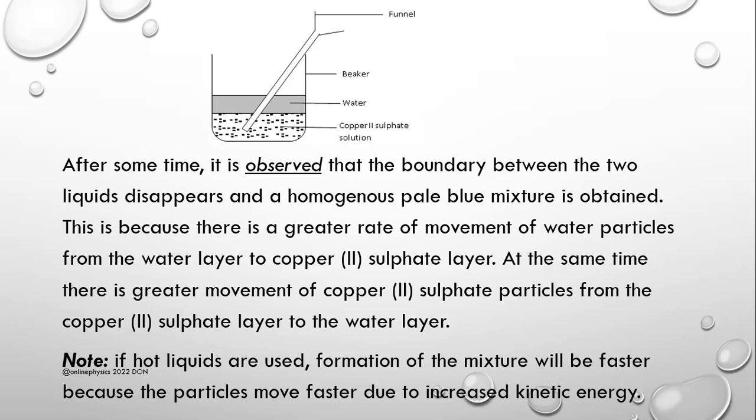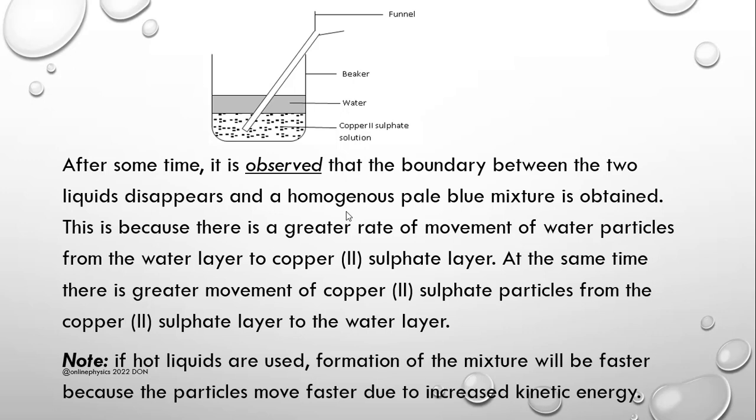So this is what we have: copper 2 sulfate solution here, then we have water. This is the beaker, and this is the funnel to start with. After some time, it is observed that the boundary between the two liquids disappears and a homogeneous pale blue mixture is obtained.